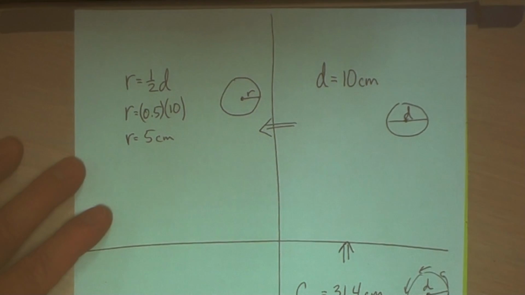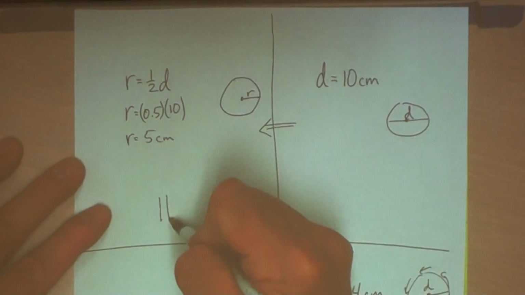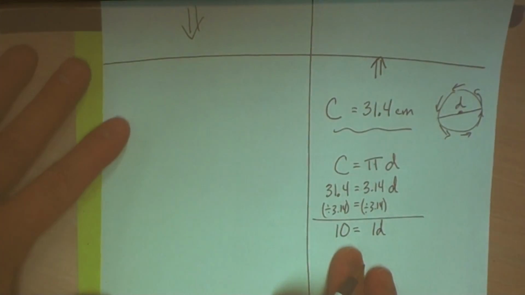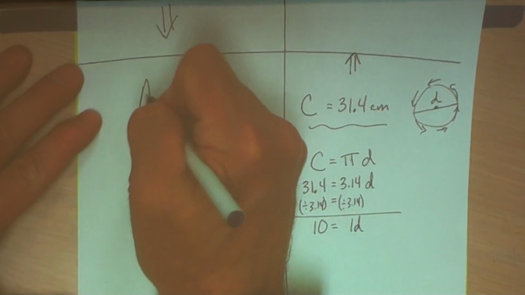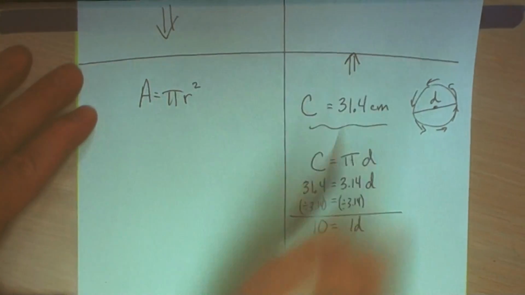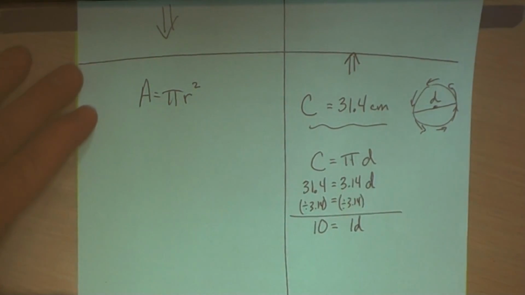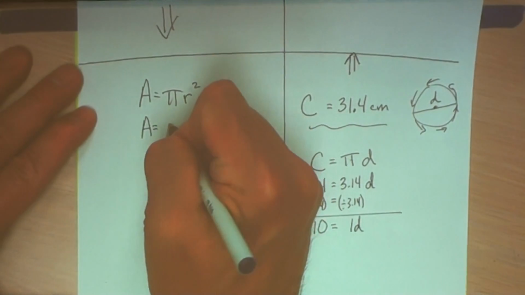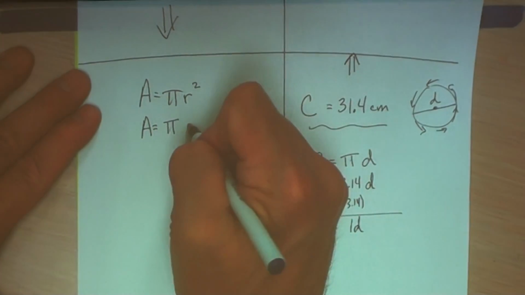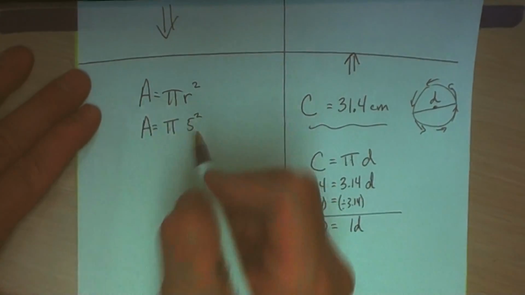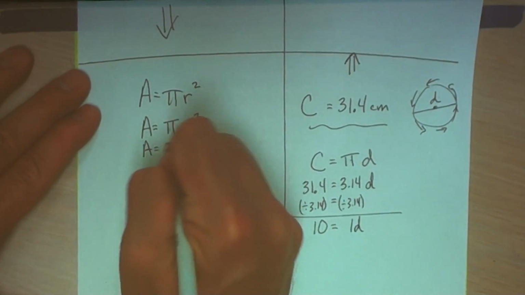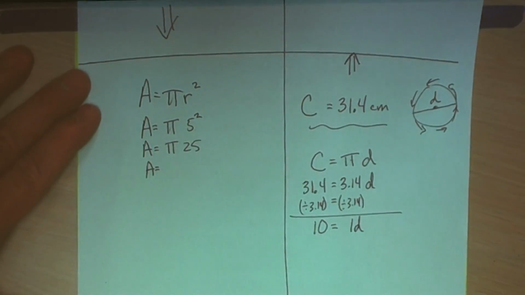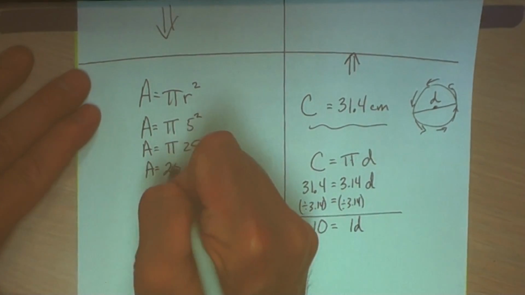Again, this information is useful because I can use it to calculate the area. Knowing full well that the area equals pi r squared, step 1, I've written my formula. Step 2, I will substitute: the area equals pi times 5 squared. The area is equal to pi times 25, or as we have said, in a conventional manner, it is written as 25 pi.